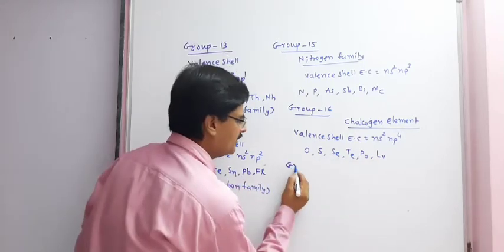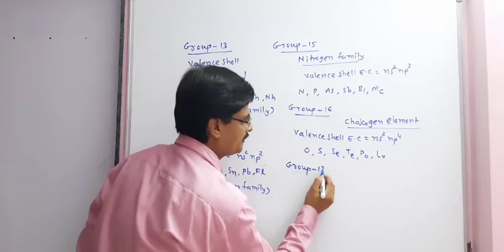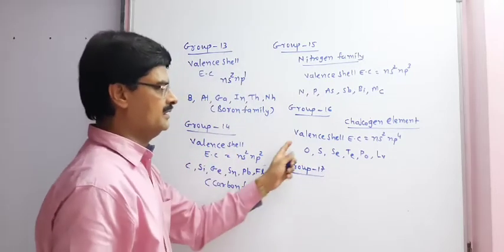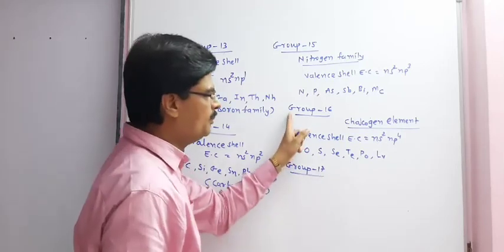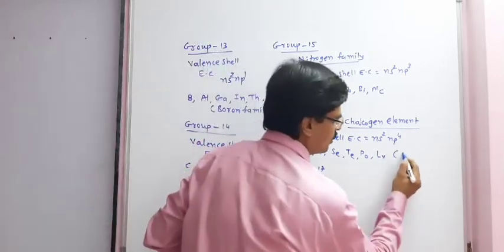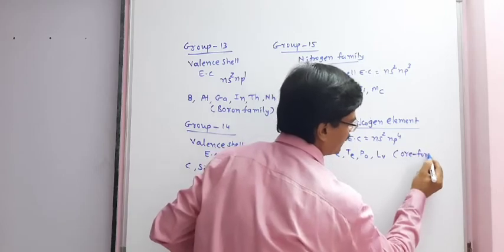Now group number 17. Once more, before we start group number 17, group number 16 elements are also known as ore forming.